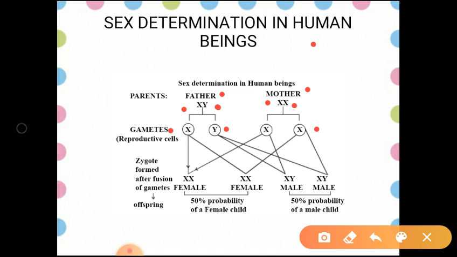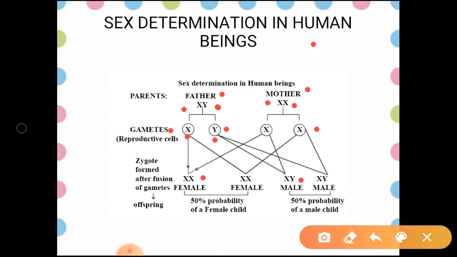So, all the eggs invariably consist of only the X chromosome. Now, during fertilization, when the X carrying sperm fertilizes the egg, the resultant will be female, whereas when the Y carrying sperm fertilizes the egg, the resultant will be a male child.